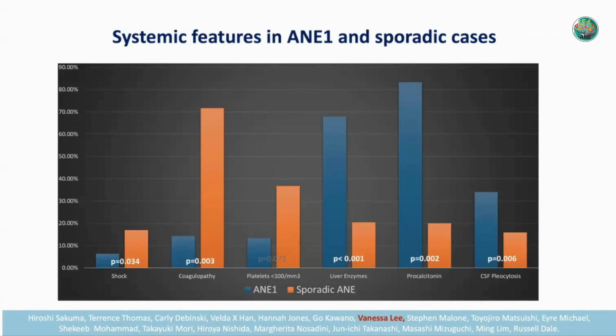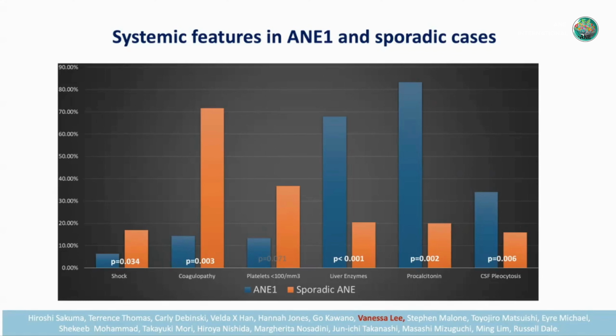So what about systemic features in ANE1 and sporadic cases? Blue is ANE1 and sporadic is in red or orange. You can see that systemic features like shock, coagulopathy and a low platelet count were more frequent in sporadic ANE.